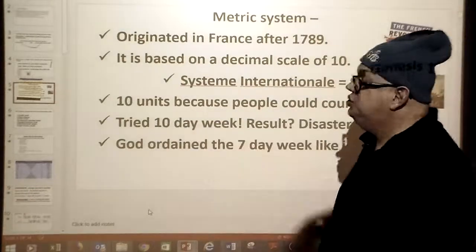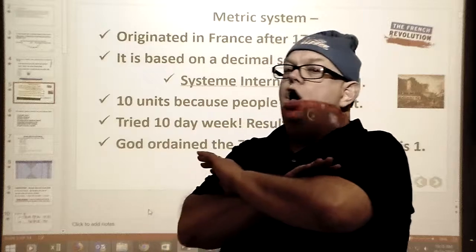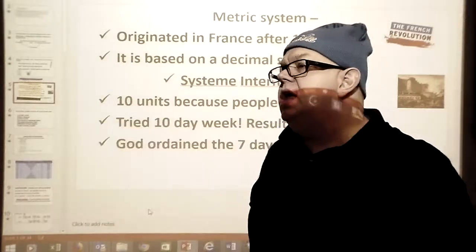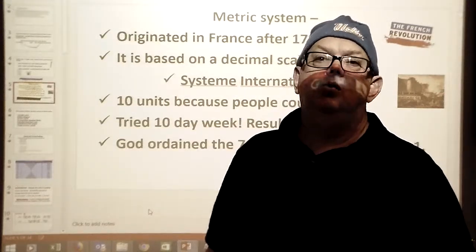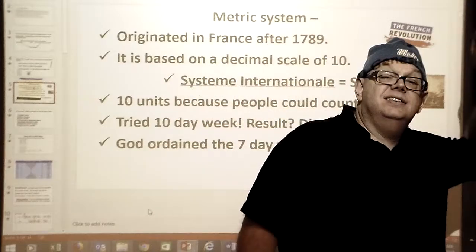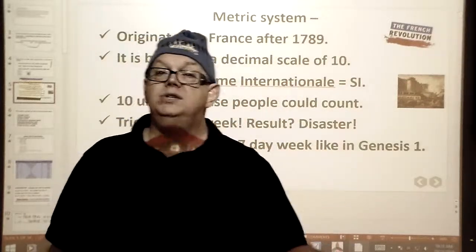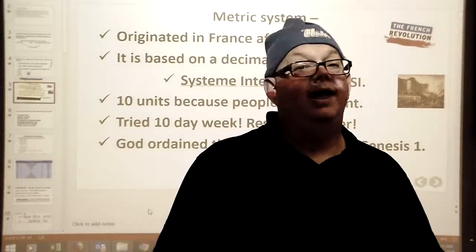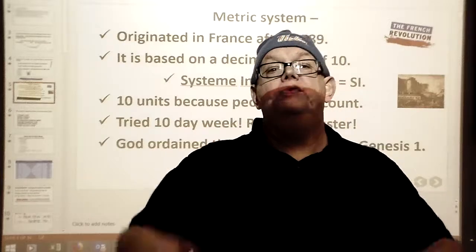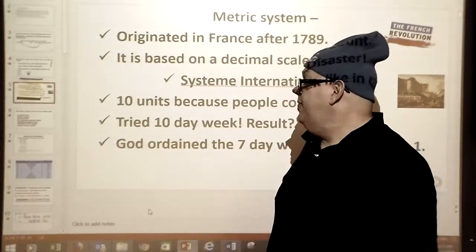Now they did actually try a 10-day week because they said everything involving Christianity we don't want to have to deal with at all. None. Remember in Genesis, 6 days God worked to make everything, and on the 7th day he rested. Notice we don't talk about an 8th, a 9th, or a 10th day. Well, the French revolutionaries said we're going to have a 10-day work week. And that's it.